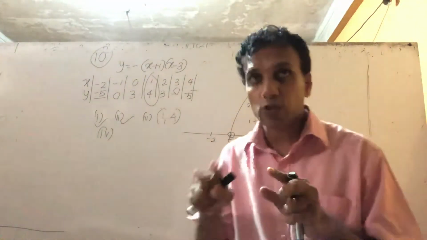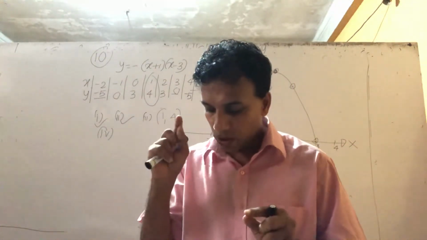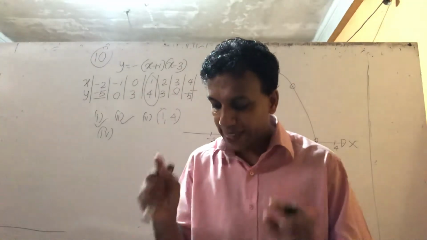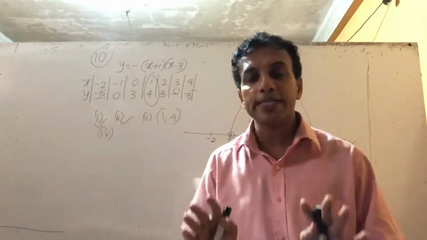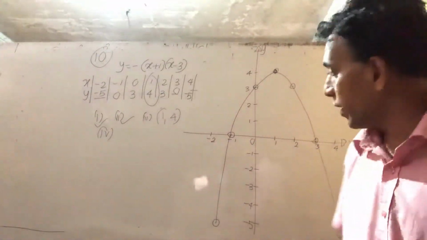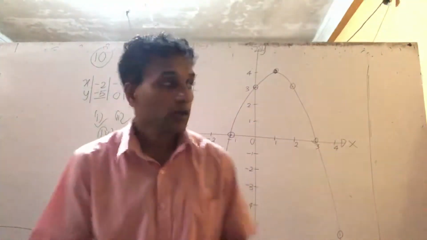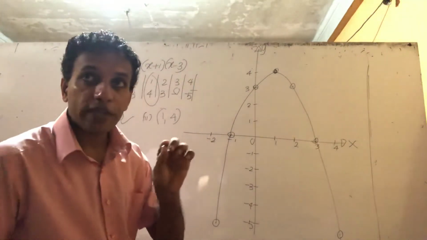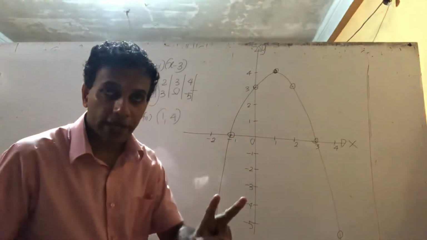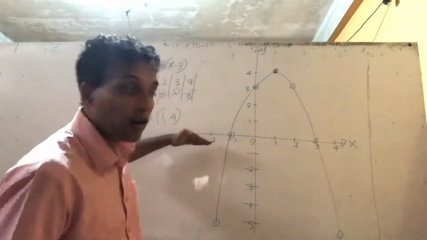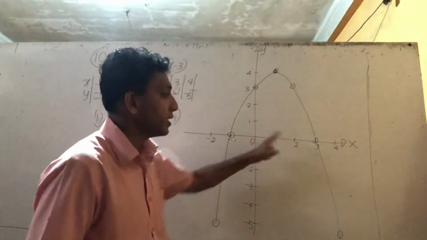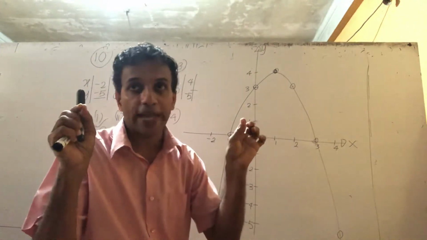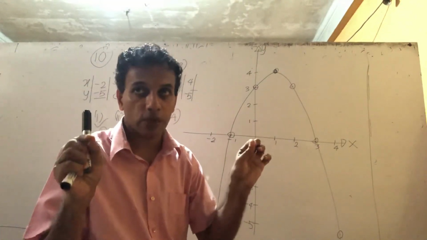So there are two parts in this question. Obtain the values of x where y is 0. What do we mean by y 0? The x-axis. There are 2 x coordinates, where the graph cuts the x-axis, here and here. 2 values of x when y takes 0.